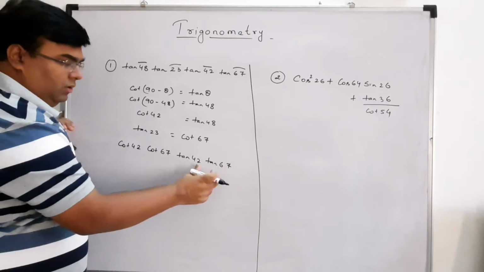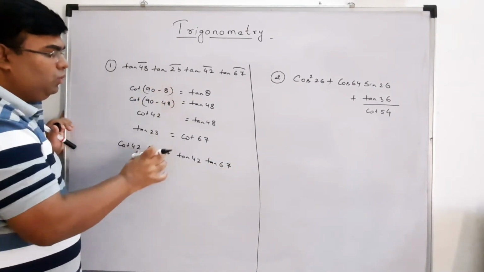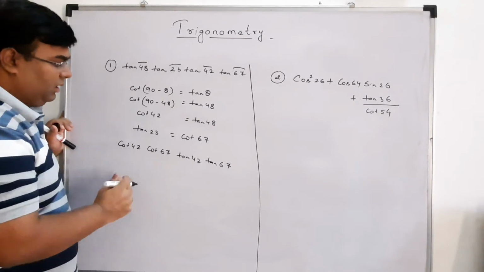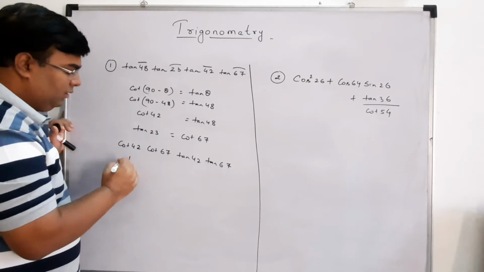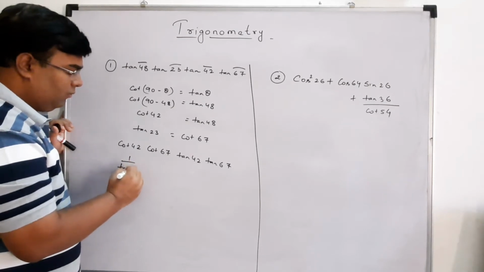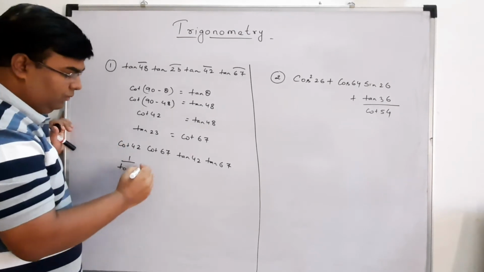I have converted only two tans. Then cot 42 using the reciprocal formula will be 1 upon tan 42.